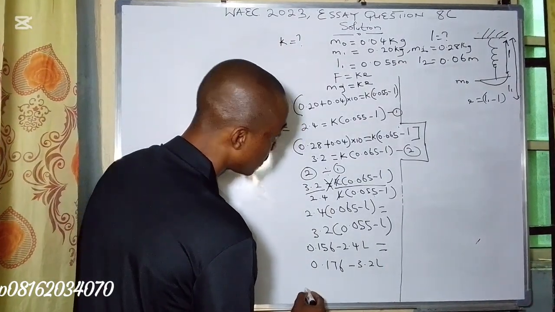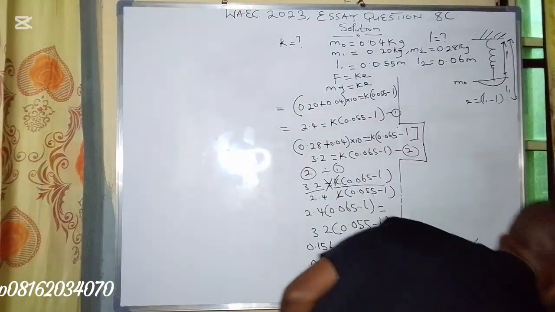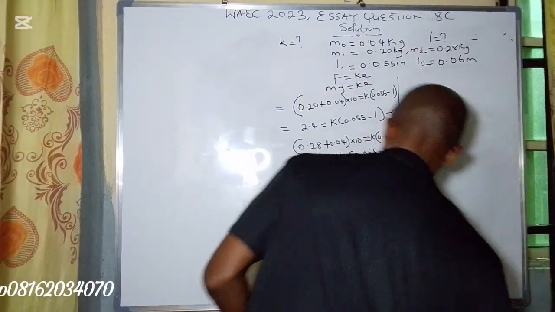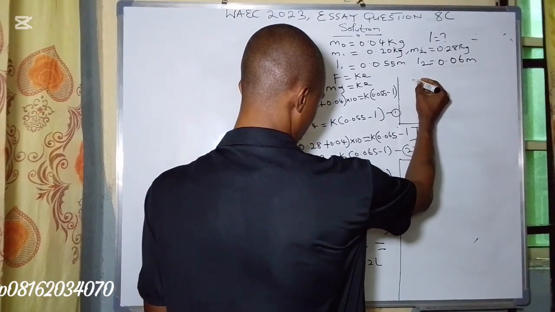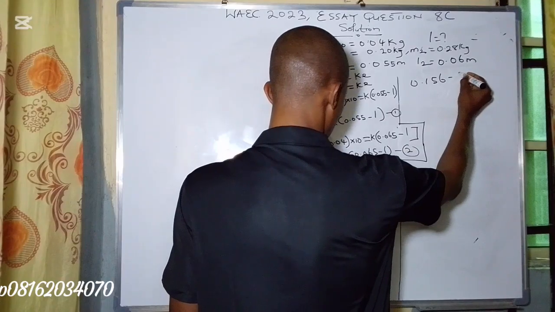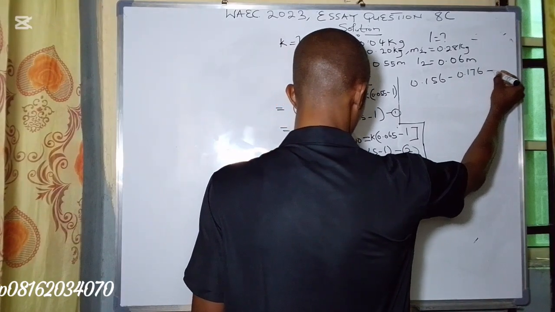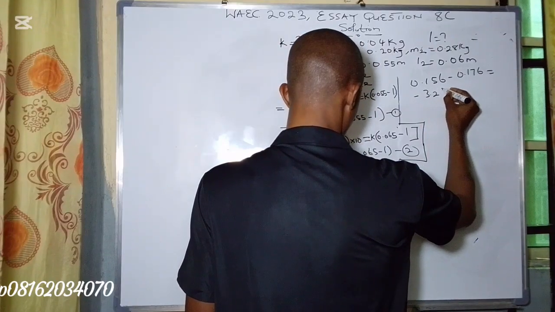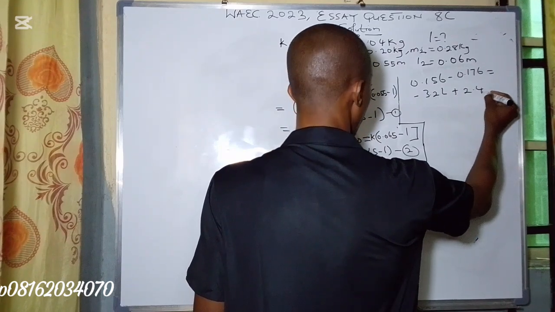So I'm going to collect like terms and then we'll see what I'll get. Permit me to clean this side of the board so that I can continue. Now I'm going to have 0.156 minus 0.176 equal to negative 3.2L plus 2.4L.